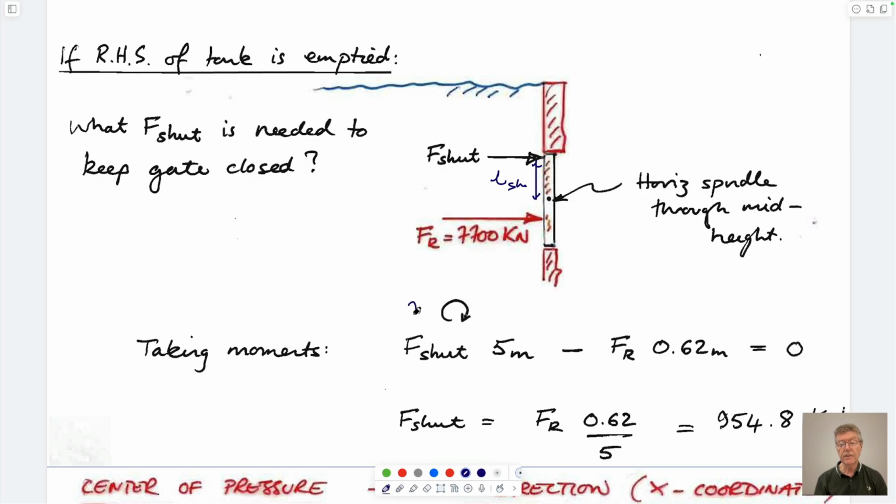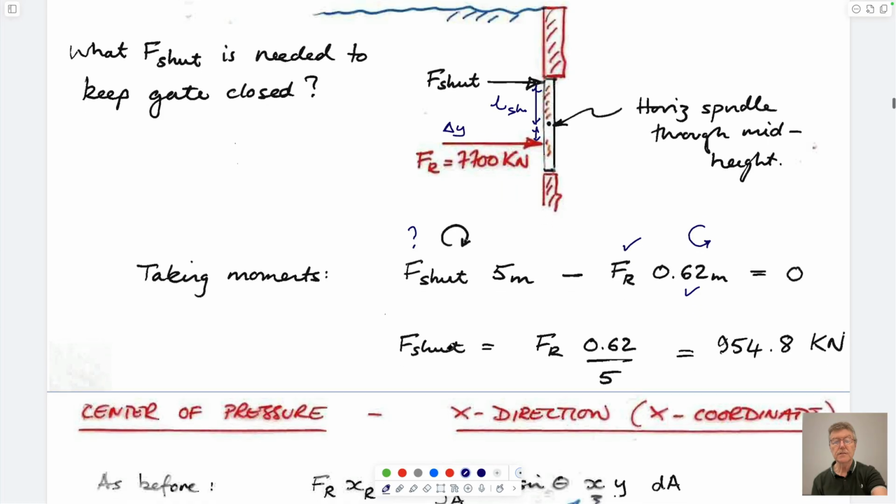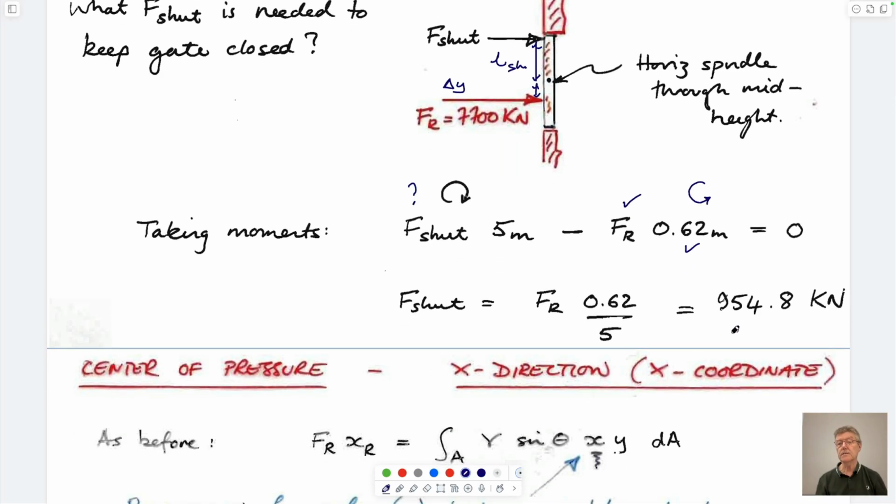We don't know what this is, but we do know what the other moment going in the counterclockwise direction is, and it's equal to this force multiplied by this lever arm, which is our delta Y. And delta Y is this. So we know the force, we know the lever arm, and so the only thing we've got to calculate is the force that's shutting it. Right? And that's that.